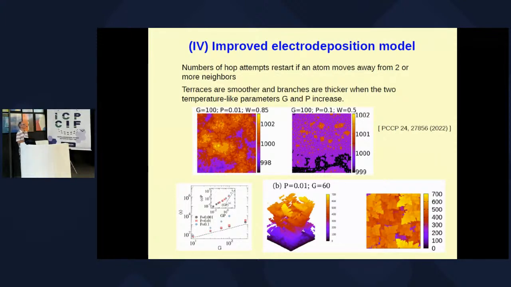We also improved the electrodeposition model in a recent work in 2022. This was done with Ismael and with a colleague from São João del Rei.